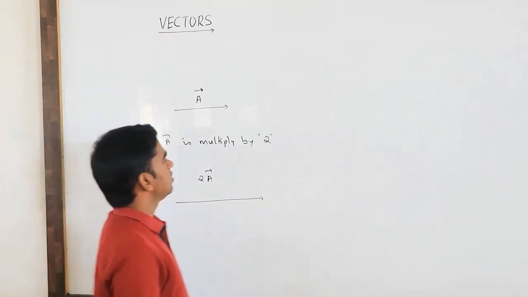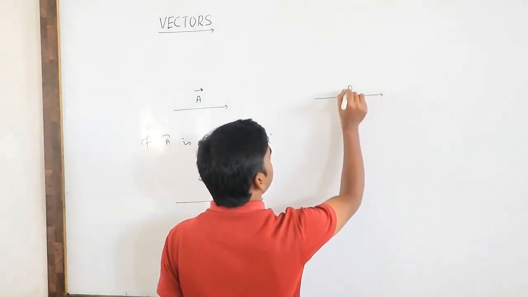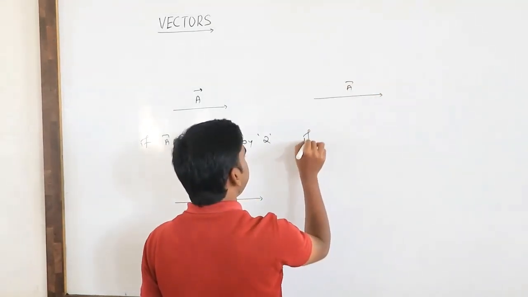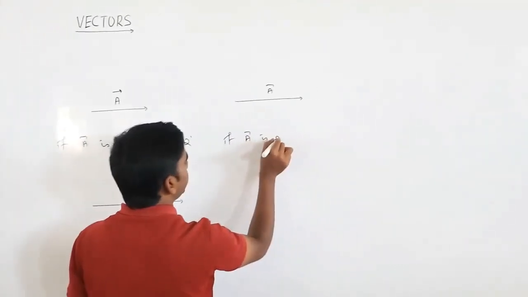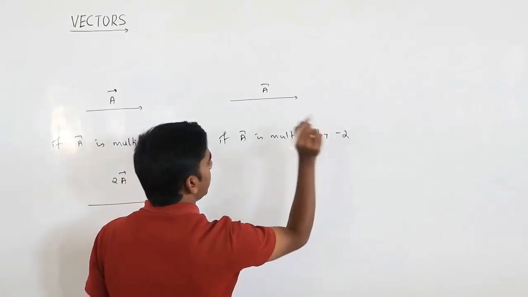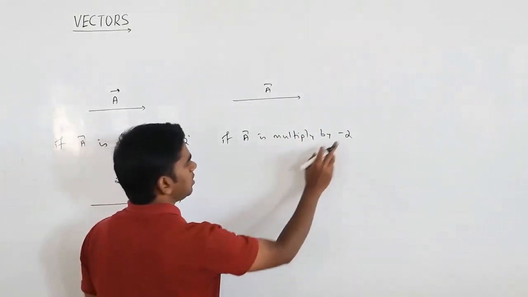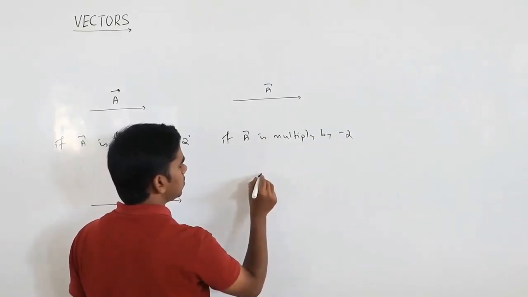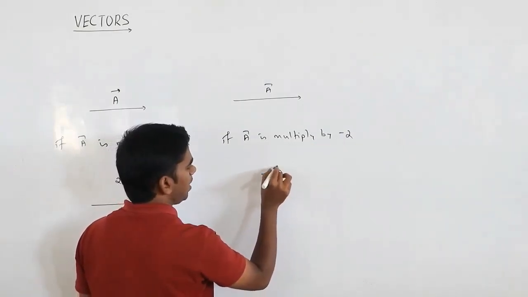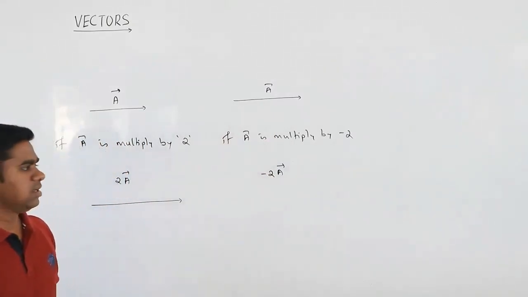Then you may ask, suppose you have the vector A here and A is multiplied by -2, what will happen? Very simple. If you multiply by -2, this will become -2a.